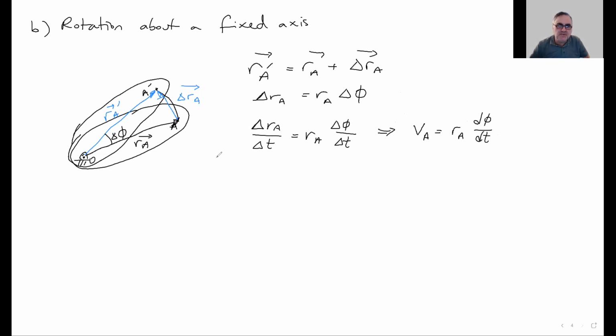And if you define omega to be the rate of change of angles inside the body, any angle, we can define a quantity called the angular velocity of an object. The angular velocity is a property of this body, okay? And actually it is a vector.